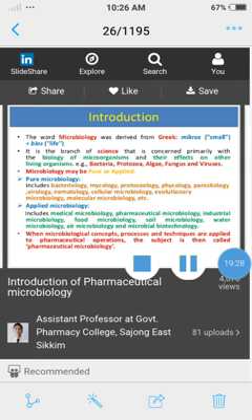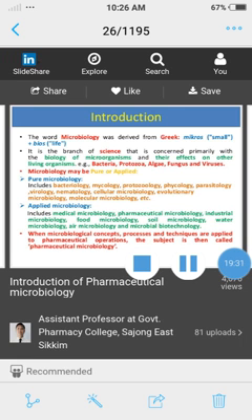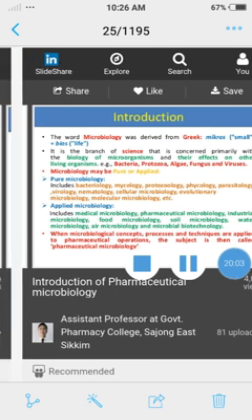When the microbiological concepts, processes and techniques are applied to pharmaceutical operation, then the subject is called pharmaceutical microbiology.